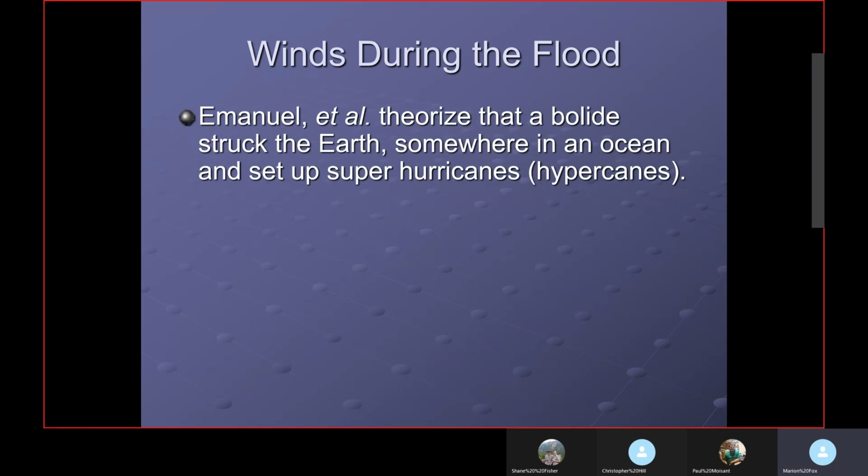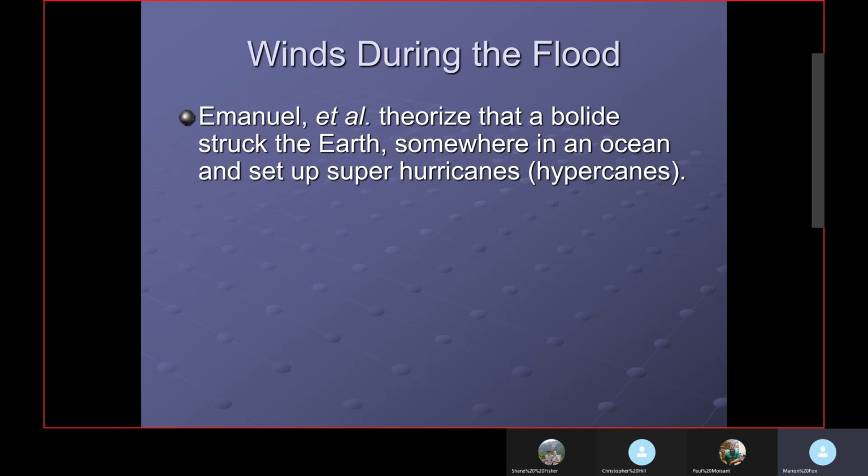Emmanuel et al. theorized that a bolide struck the Earth. Bolide, bolades, is a Greek word, which means something thrown. A bolide is a term used for an object like a comet or a large meteorite that would hit the Earth, or an asteroid or something like that.